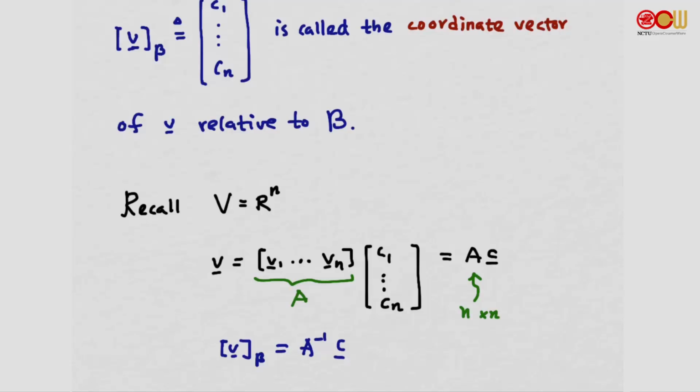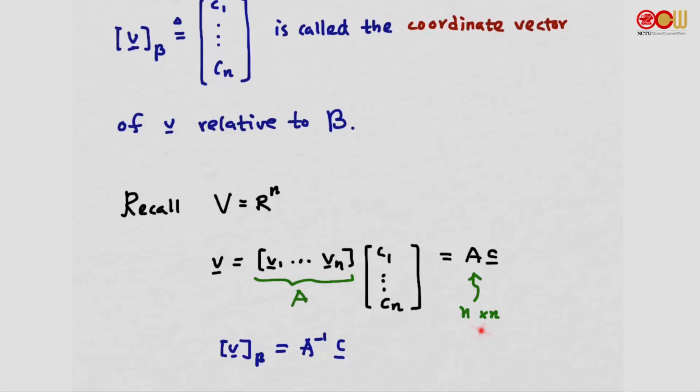But now there is some difficulty using such an approach with a vector space, because now these v vectors are vectors in the vector space, and they could be matrices, polynomials, or functions.